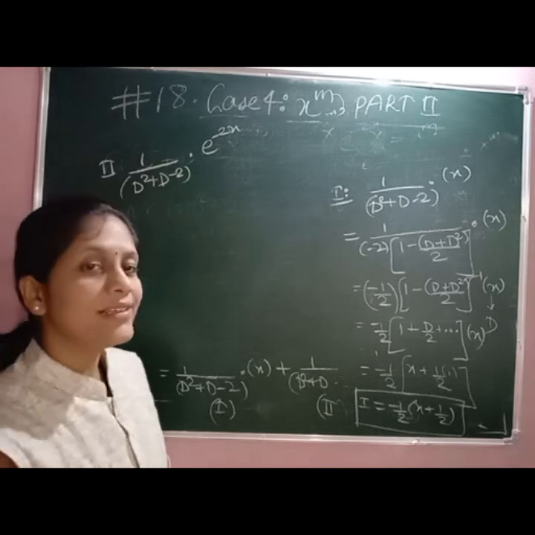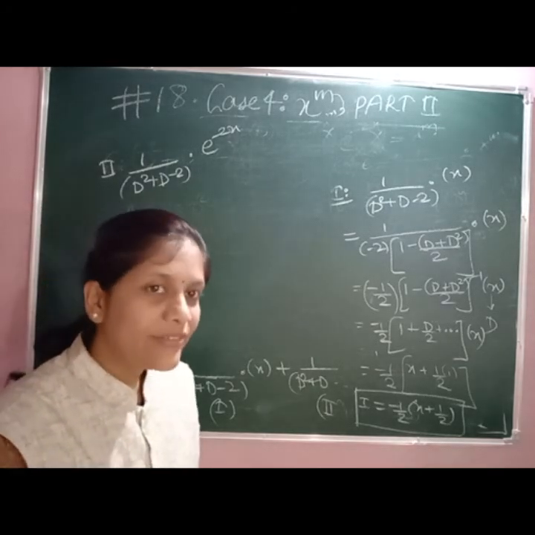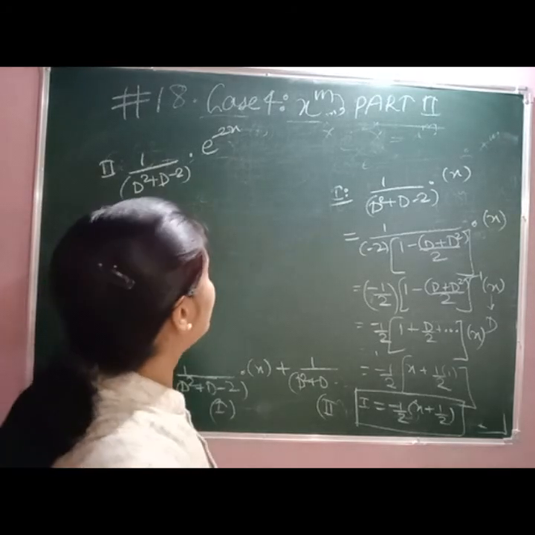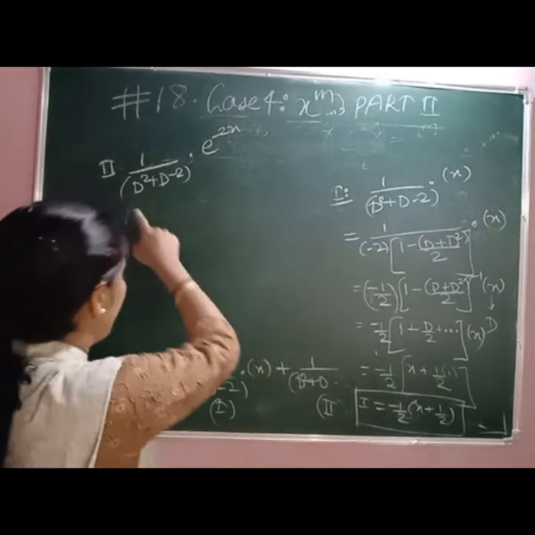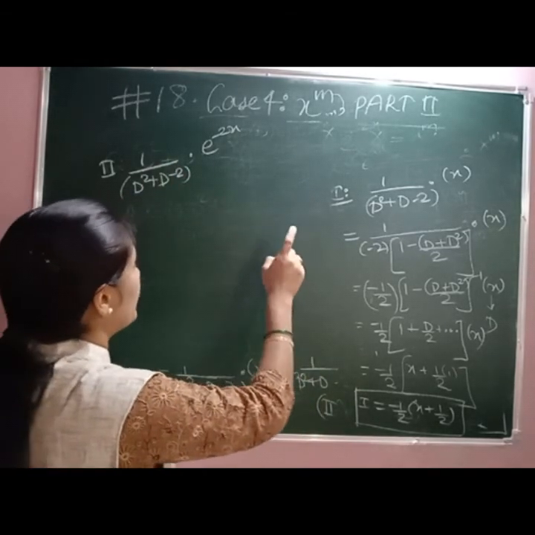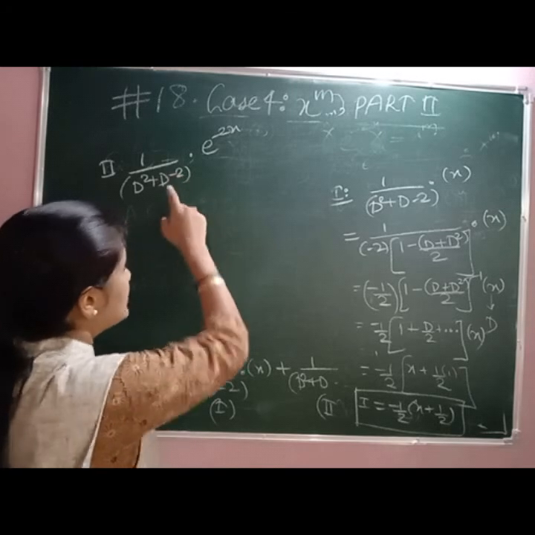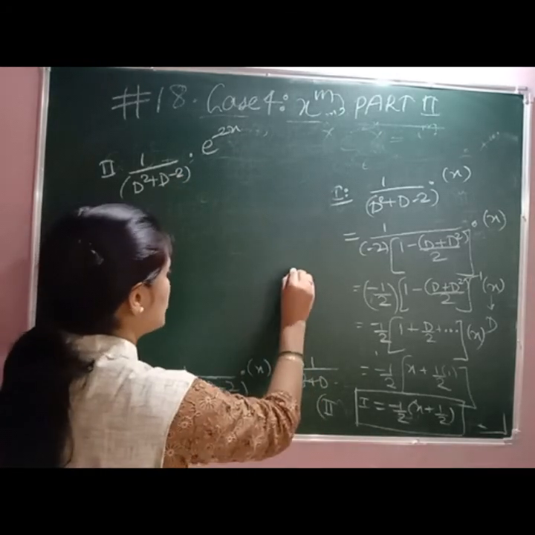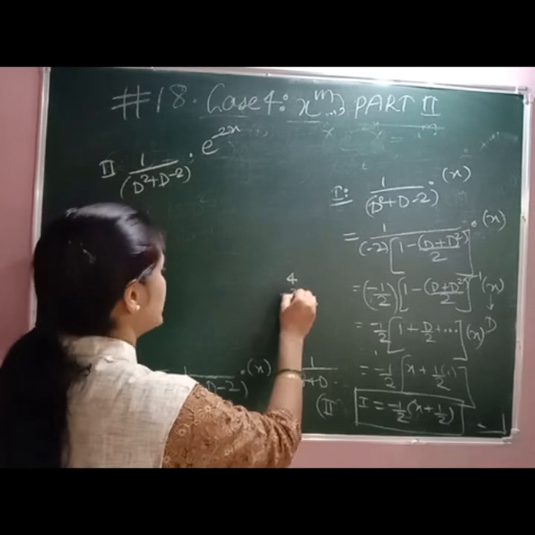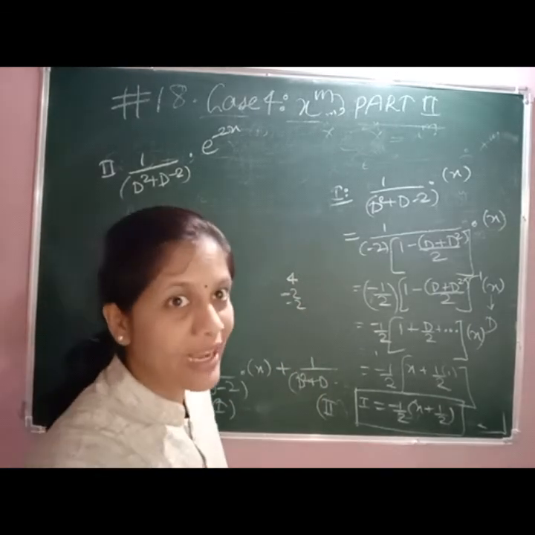What is the meaning of this? Directly, wherever D is there, we put the value of a, that is −2 itself. So what do we get? (−2)² is 4, minus 2 minus 2. What are we getting? The denominator we are getting as 0. (−2)² is 4, minus 2 minus 2, 4 minus 4 is 0.